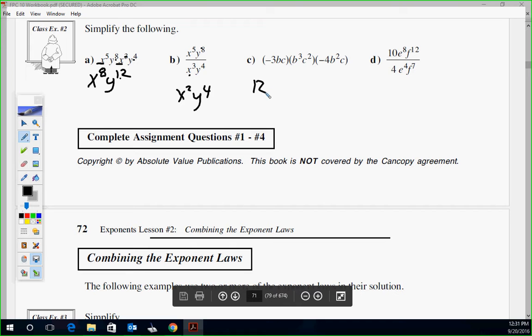This is just a 1, so that's nothing. b1, b3, and b2 is b6. c1, c2, and c1 is c5. Is that right? Oh, 4. Yep, c4. Sorry. Thank you. Okay, good. Spencer?